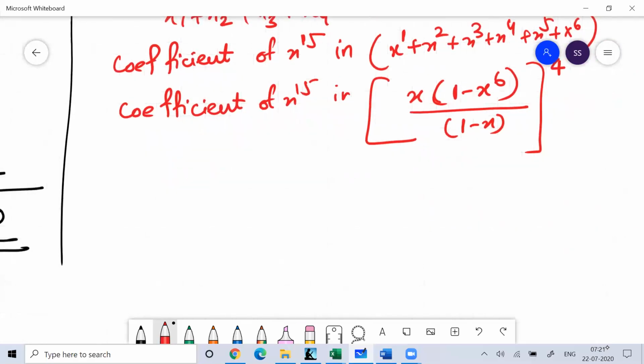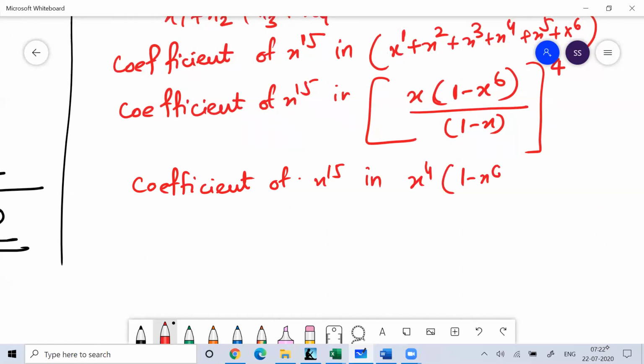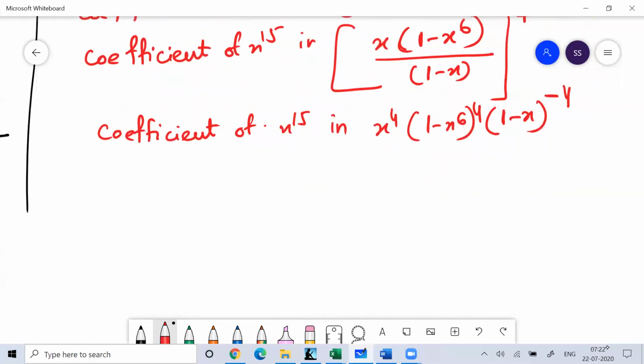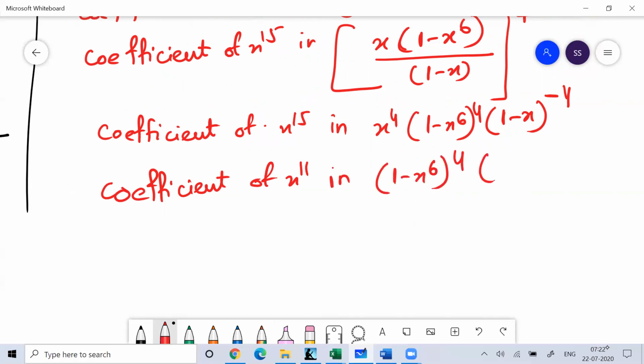So you can write this as the coefficient of x to the power 15 in x to the power 4, (1 minus x to the power 6) to the power 4, (1 minus x) to the power minus 4. Already you have x to the power 4. Now you need to search for the coefficient of x to the power 11 in (1 minus x to the power 6) to the power 4 in (1 minus x) to the power minus 4.